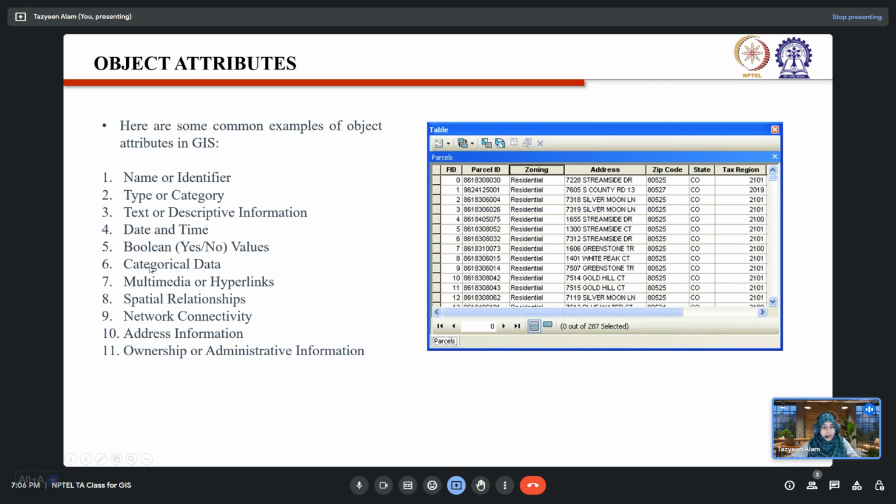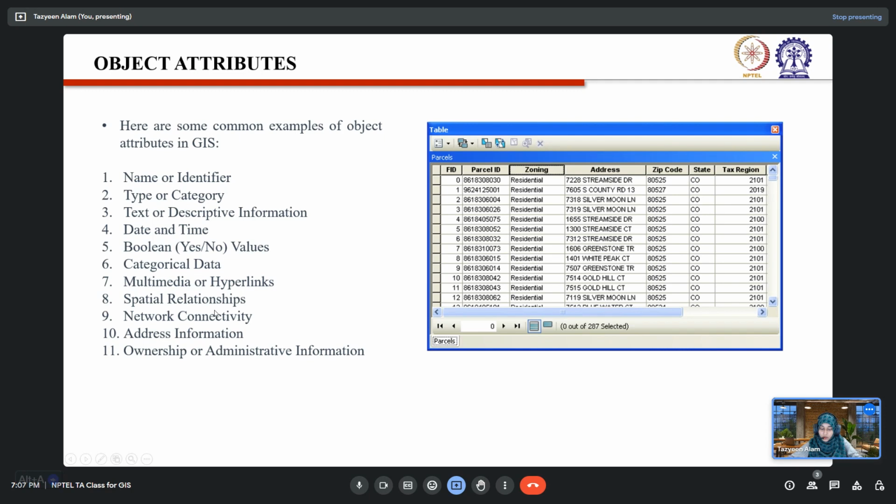Then you have boolean yes or no values, for example, whether this particular house has trees or not, whether it has parking or not. Then you have categorical data. You also have multimedia or hyperlinks. Someone can provide a link to the Google map that will point you on the app itself to where this particular house is located, so there can be another column that has hyperlinks or multimedia.